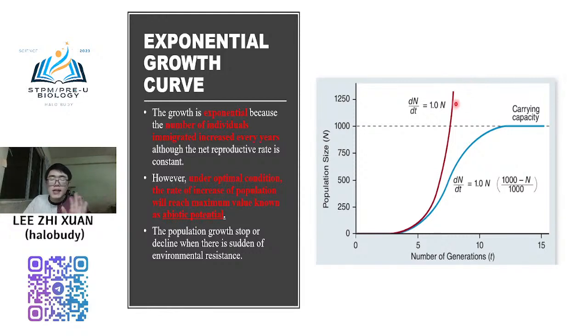So normally it is genetic cloning. Genetic cloning is one example where we need to maintain the exponential phase of the microorganism.